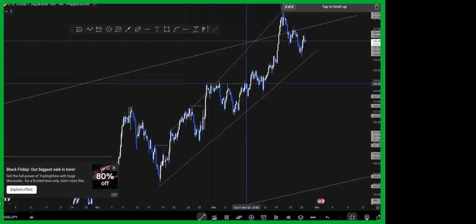A new break of structure at this particular level. So that's it, and that will be all for our class today.